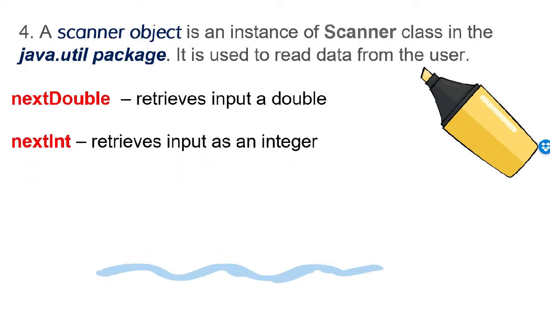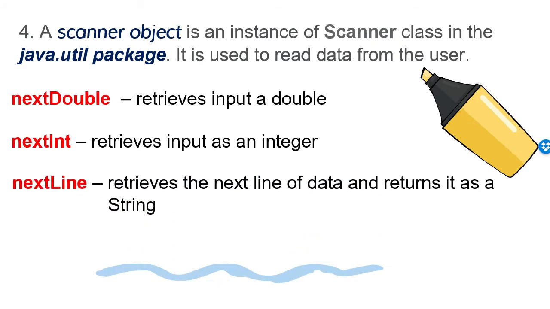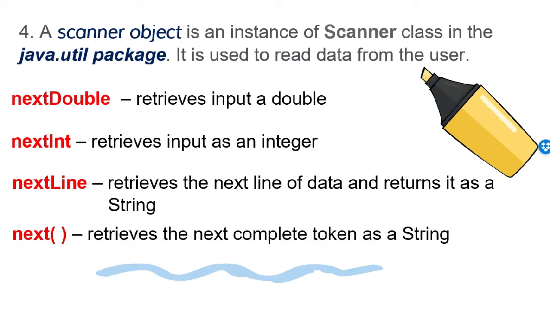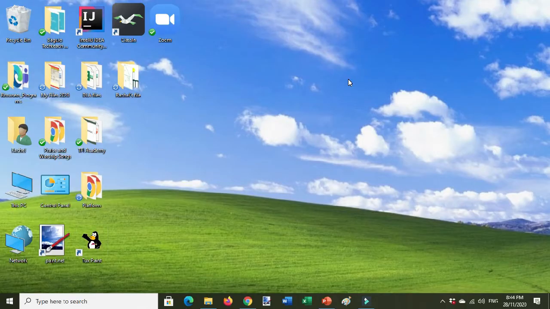We also have nextInt that retrieves input as an integer, or reads a whole number value. And we can also use nextLine and next that accept data and return it as a string or character.